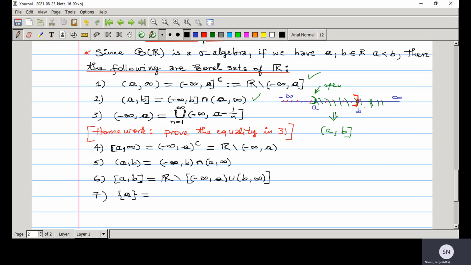If I take A equal to B, the closed interval AA, which is made of A only, is also an element of the sigma algebra.